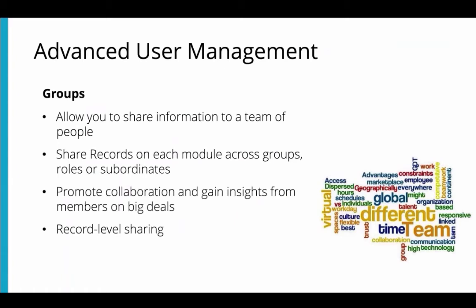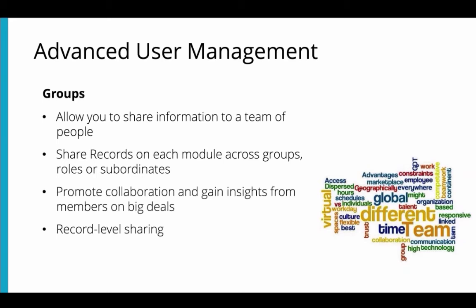Let's assume Linda's team has a set of sales managers working in the same group, which shares a common set of records. These are big potential leads that require inputs and insights from the team, because as a team, they can close more deals. The sales managers can collaborate by adding notes or mentioning each other with an at notification on these deals, and as they do so, it shows up instantly in their feeds.